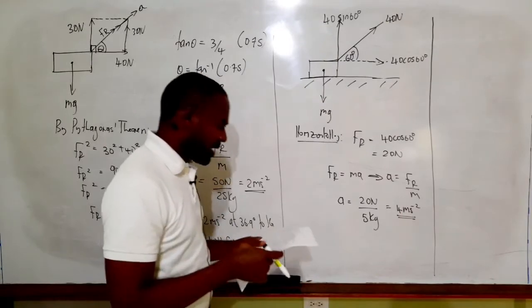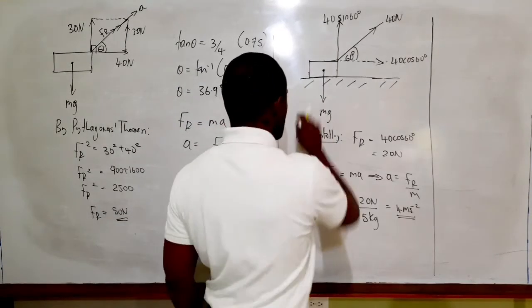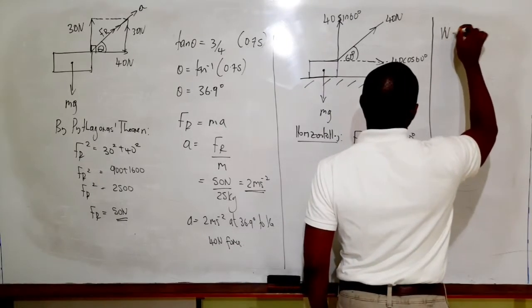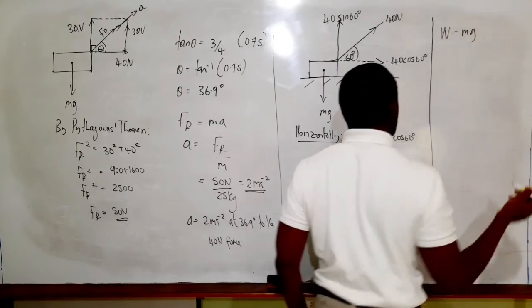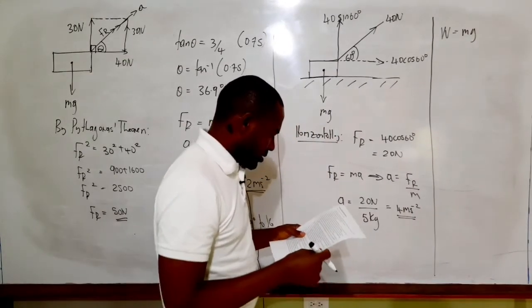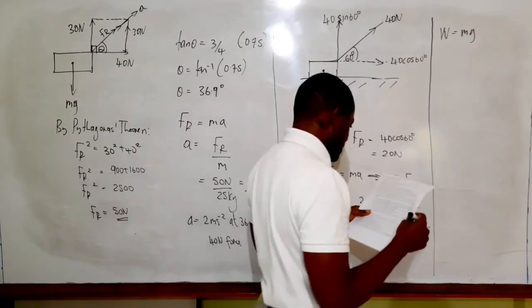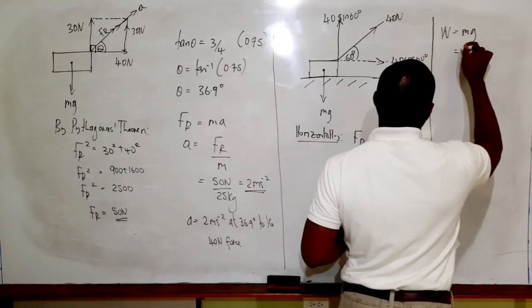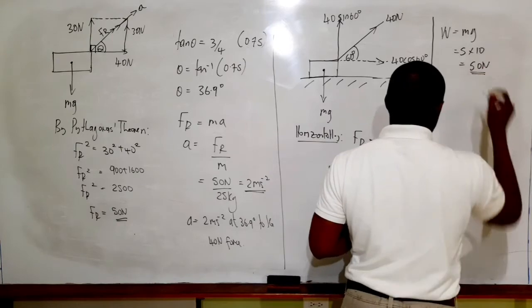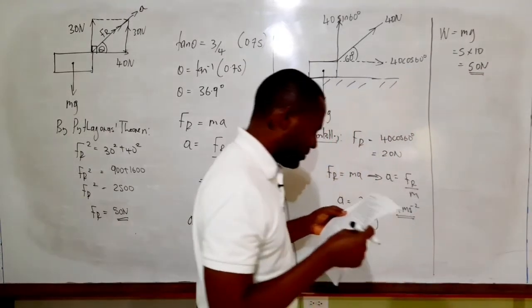Now let's work out the magnitude of these two forces. First we'll work out the weight. The weight of the object, W, is equal to mg, taking g as 10 newtons per kilogram, right? So this gives us 5 times 10, which is 50 newtons. So the weight of the body is 50 newtons.